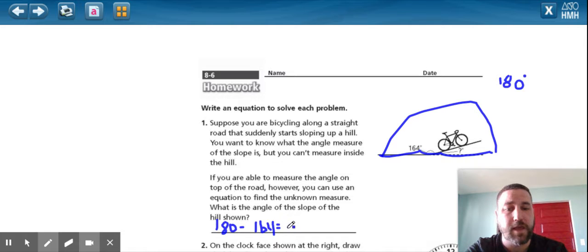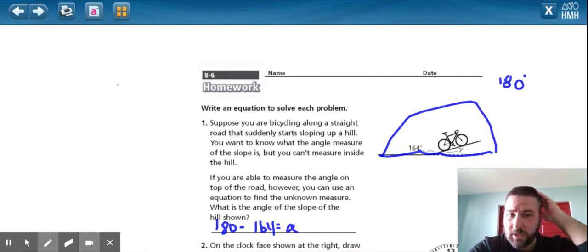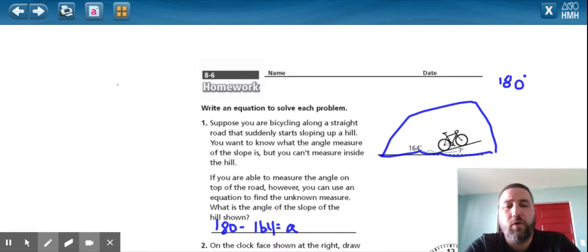I'm going to use A if that's all right with you. You're more than welcome to use whatever you want. So when you do that, 180 minus 164 should be 16. Let's double check that. 16 is your answer. So the mystery angle is 16 degrees. All right, let's move on to the next one.